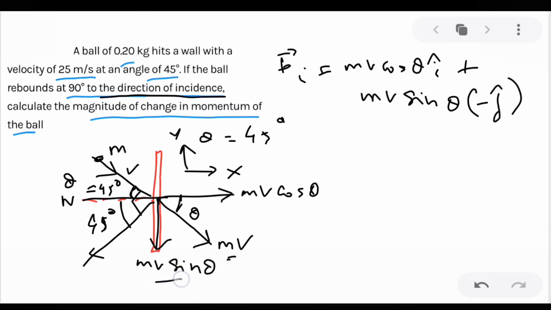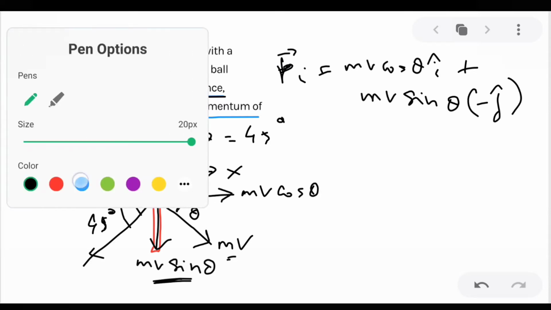Why minus j cap? Because it is in the downward direction. So this is the initial momentum, pi.